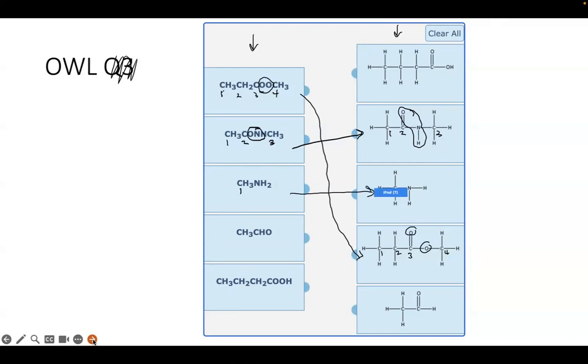So this guy. Here we have 2 carbons with the last one being an oxygen. And then here, kind of similar to the first one, we have 4 carbons, but this time the double oxygen is on the terminal end. And so I see that as that one up there. All right. So you'll get some good practice there.